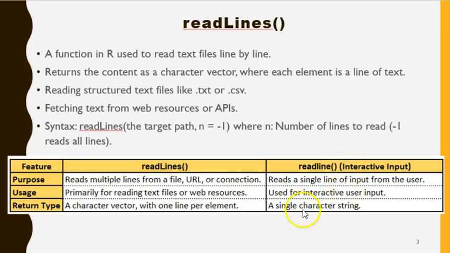But readline returns a single character string. For example, it asks, what's your name? You put your name, so it is a single character string. But readLines goes and creates a vector and assigns each line of the text as one element of the vector.